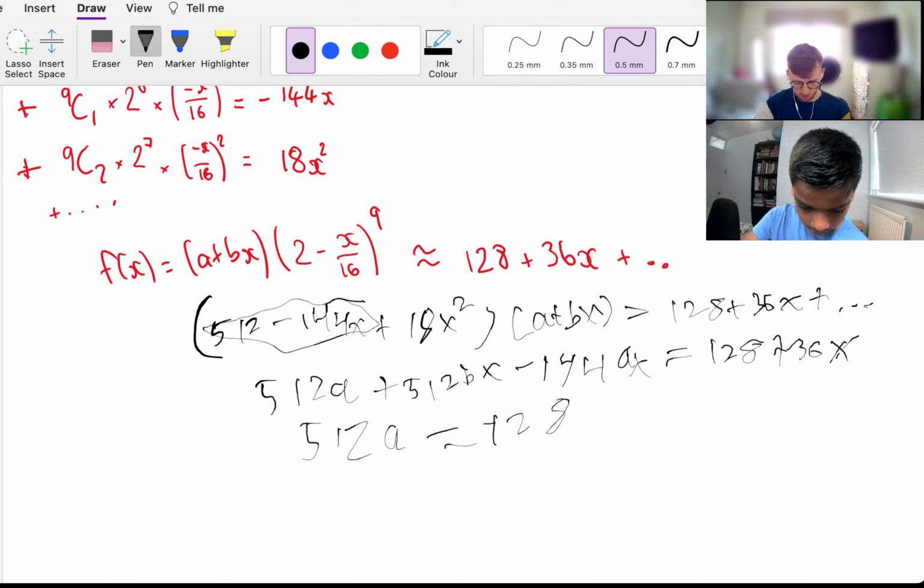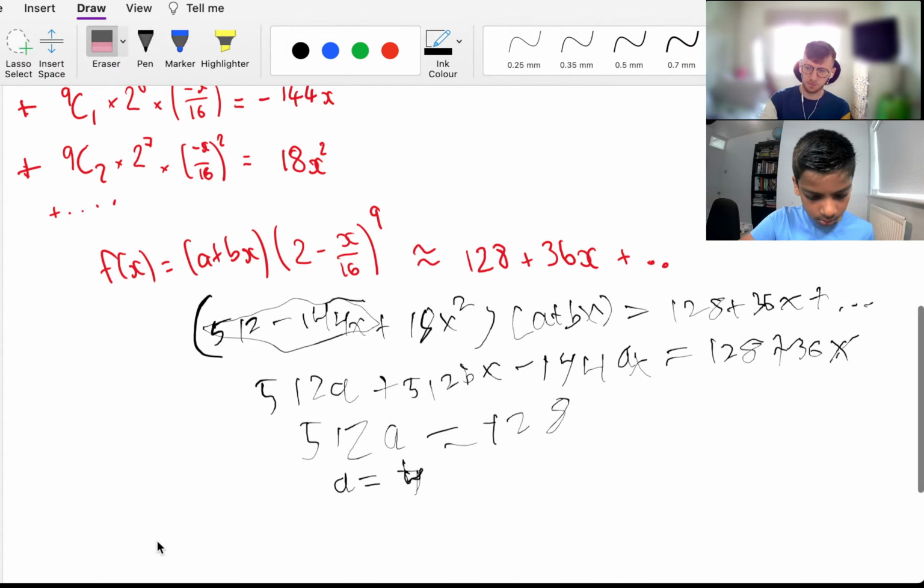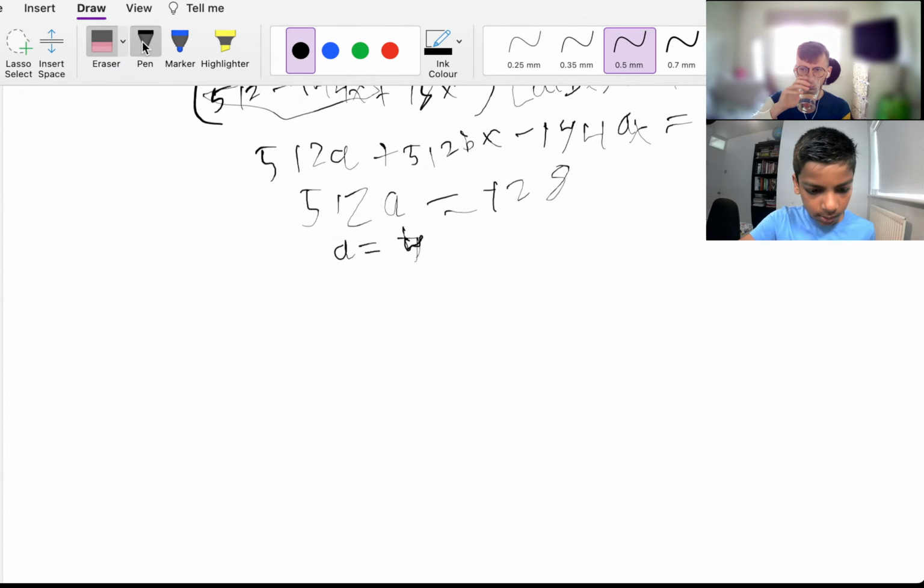Good, so yeah, we're equating coefficients, spot on. The 512a is 128, so that's a quarter. Brilliant, a is a quarter. Okay, so now we can do part C.